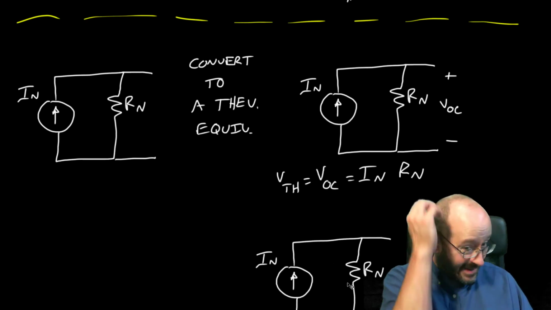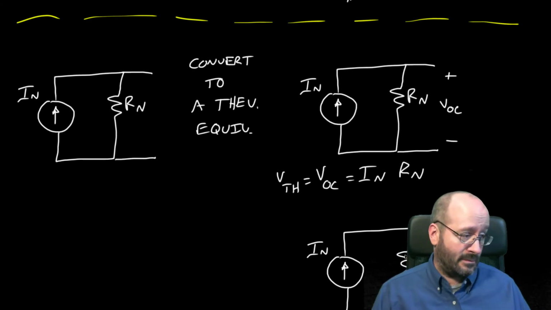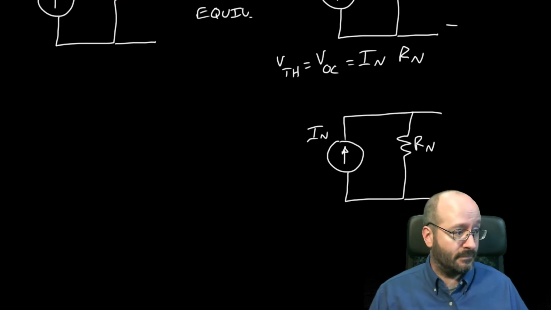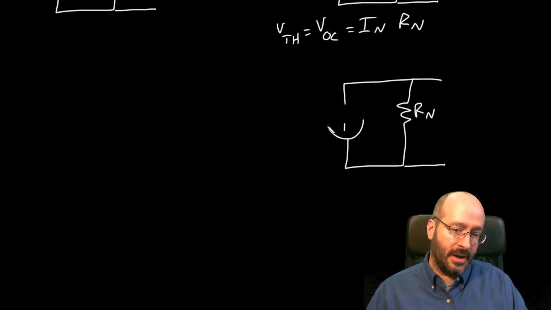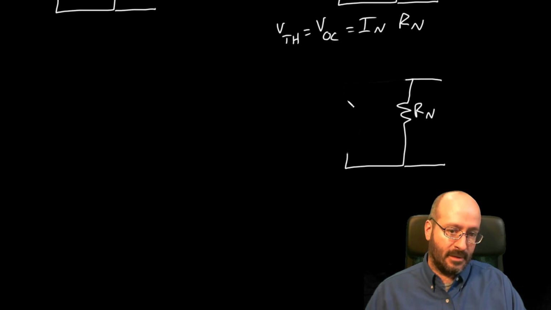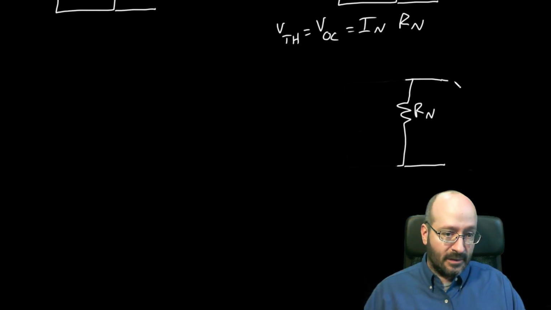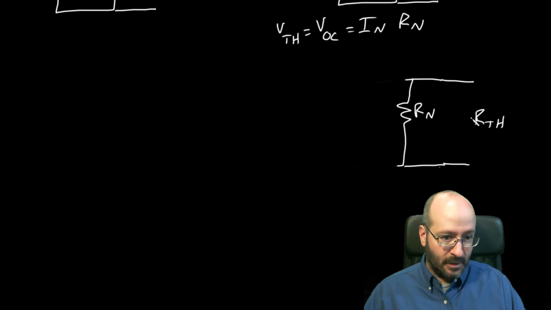Now let's go find R Thevenin. So we play the same game. We copy the circuit. We replace the independent supplies with their ideal resistances. This one's just going to be an open, right? So now you've got these wires hanging out here to nowhere. Since they're not connecting anything and I'm not interested in any values around them, we can come back here and find R Thevenin just by looking into the circuit there.